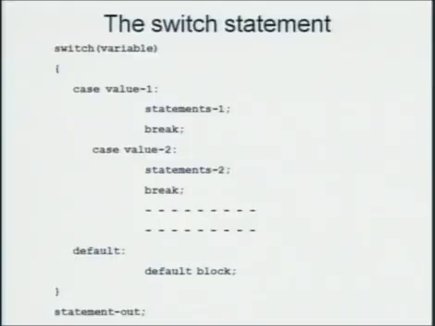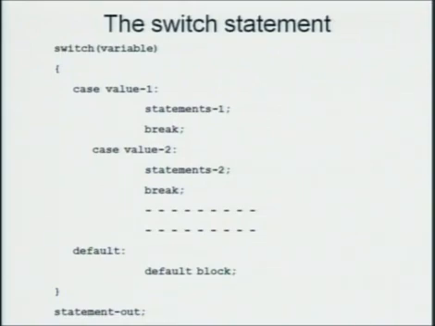Look at the syntax given over here. Switch, then variable, then case with value 1, value 2, multiple values can be there, and at the end default is used. When the variable given in the switch matches the value given in front of a case, the statements in front of that case will be executed.